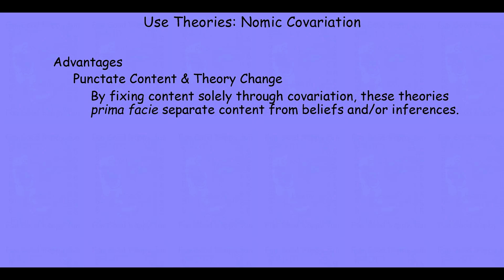Thus, gnomic covariation on this account is the only theory that can allow for the re-identifying of content across individuals regardless of the beliefs that those individuals have, or that can maintain the same content across dramatic changes in beliefs, or even maintain that content in the face of radically false theories about the thing being represented.